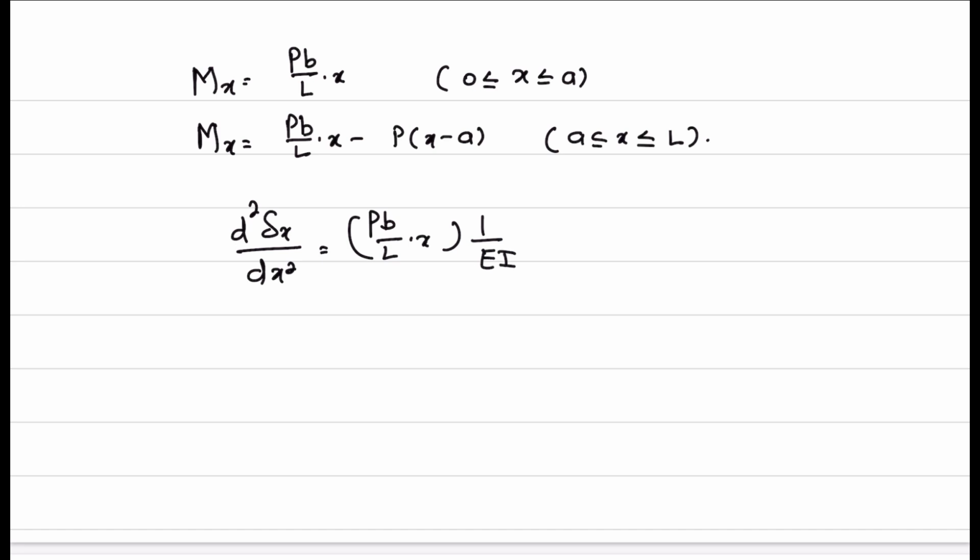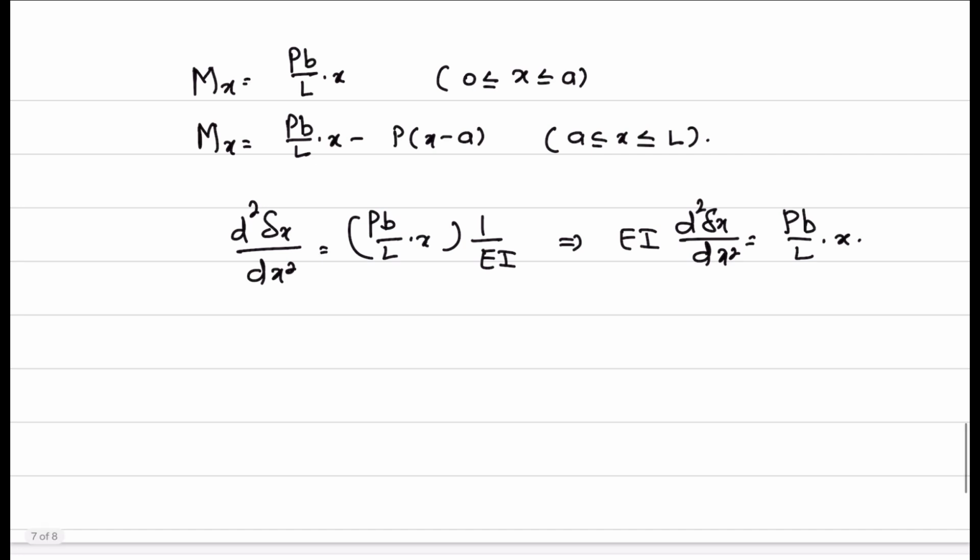Or you can simply take it as EI into d square delta x by dx square is equal to Pb by L into x. It's a differential equation.